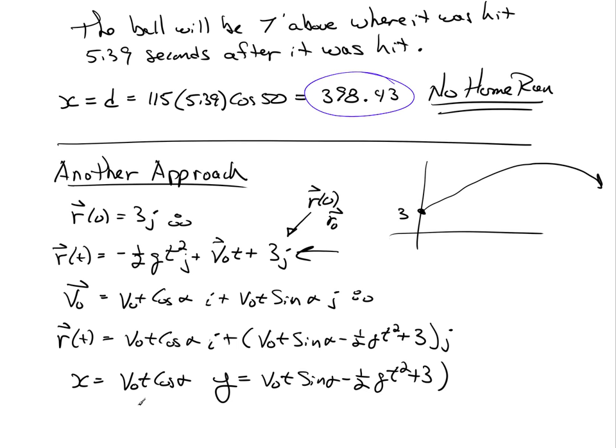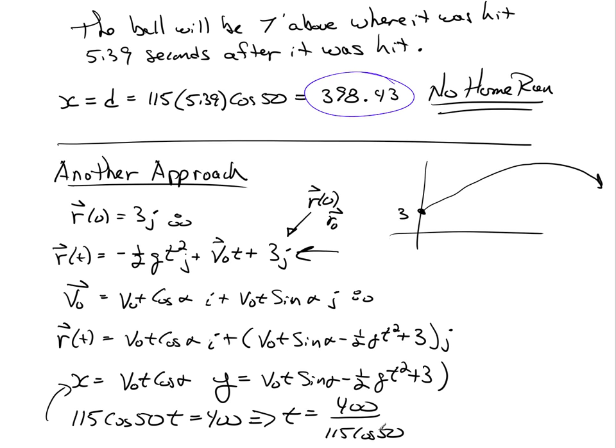So I'm going to figure out how long it takes to travel 400 feet. v naught is 115 times cosine of 50 times t, and that needs to equal 400 feet. This is my x coordinate. So the time it's going to take is 400 divided by 115 cosine of 50, which is roughly 5.41 seconds.